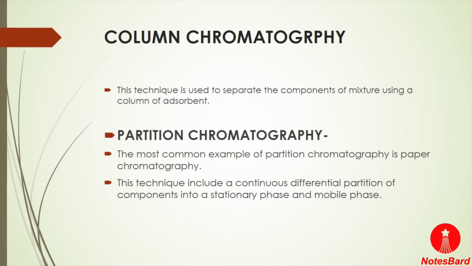Here a spot of the mixture is made at the base of the chromatographic paper, and the solvent rises up in this paper. As we have discussed, according to their different degrees of retention, the different components move to different heights in the chromatographic paper, and that's why the components or the pigments are thus separated at different heights in the chromatographic paper.